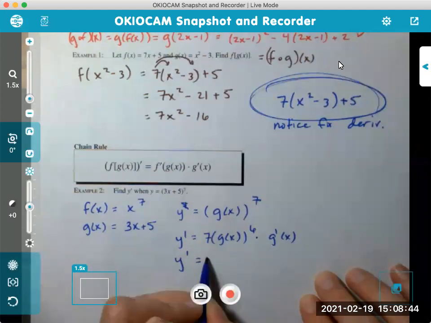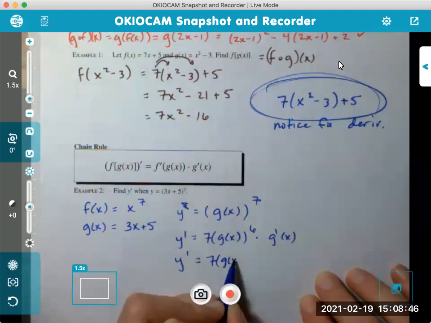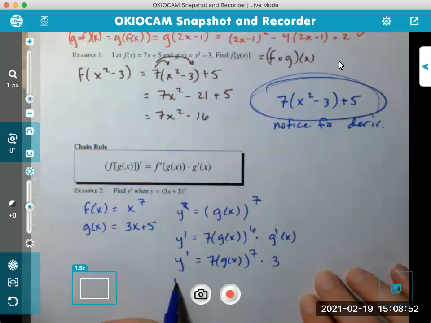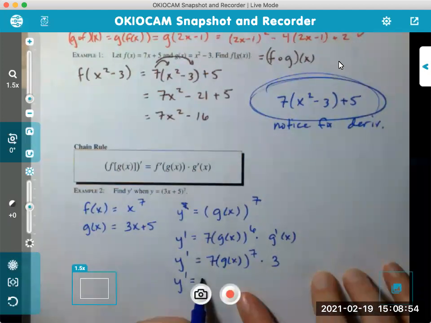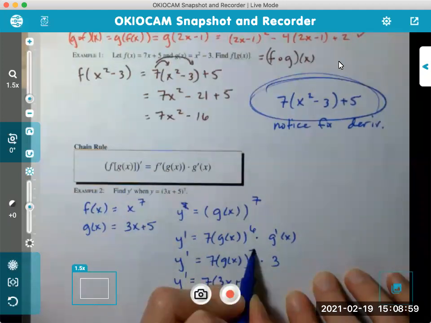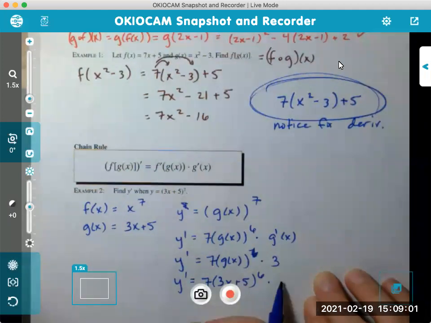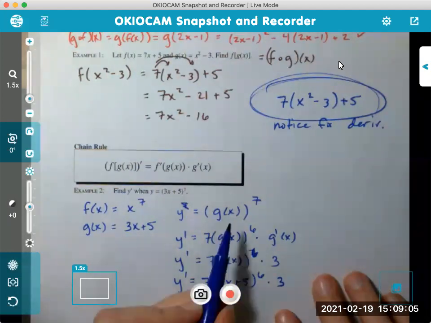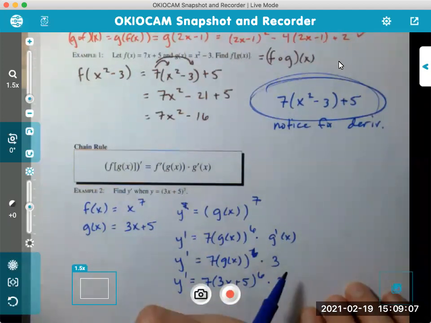So I've got y prime equals 7 times g of x raised to the 6th times the derivative of g, which is just 3. Now plugging everything back in, this is 7 times (3x plus 5), oops, that's a 6, raised to the 6th, times 3. So you take the derivative of the outside first, then the derivative of the inside.